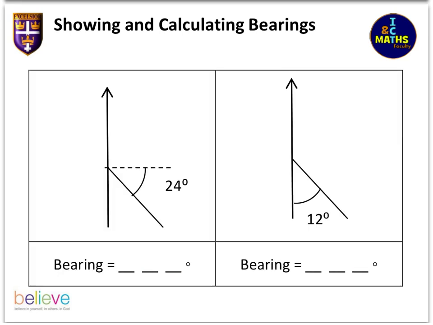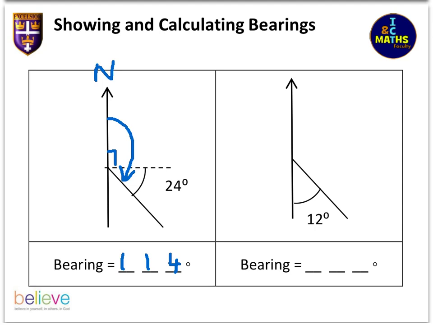Okay, here's some examples of rather more complicated ones, I guess, that you might have to calculate in an exam. So again, we're measuring bearings from north, and again it's measured clockwise, and you can see that the bearing I want this time goes past the dotted line up to this solid line, and I have to do a little bit of a calculation. I know I've got a right angle here, so it's 90 degrees plus 24, which makes 114.